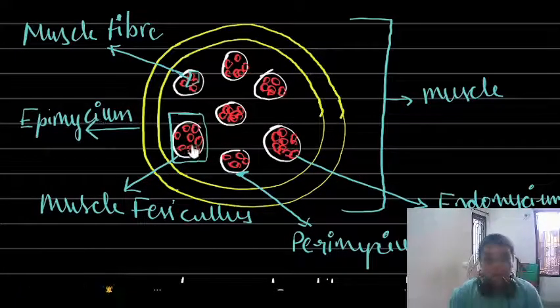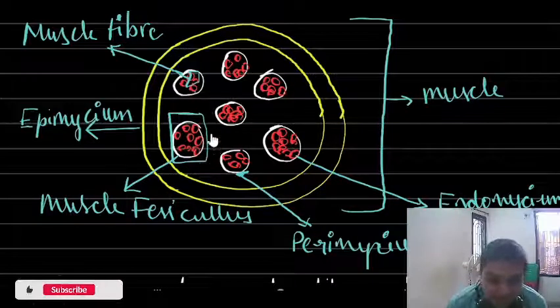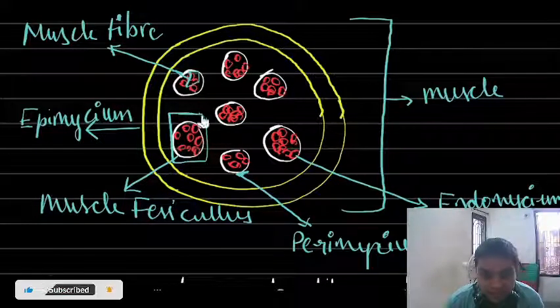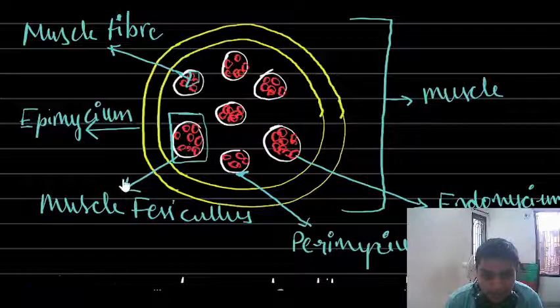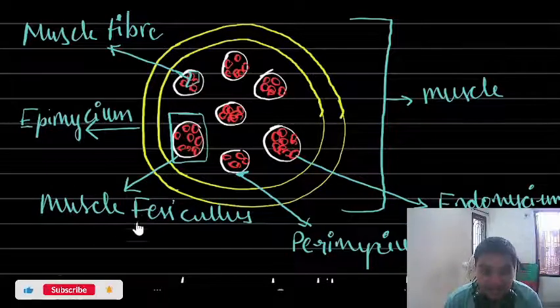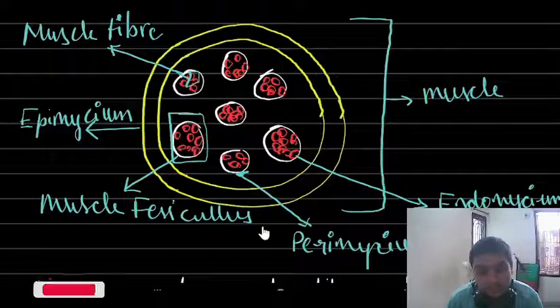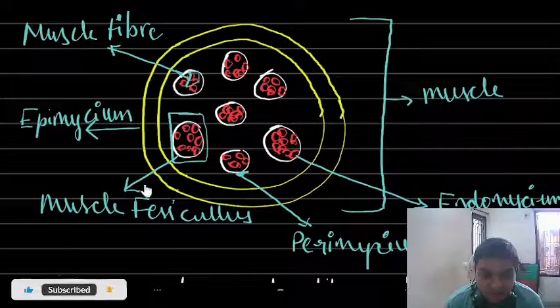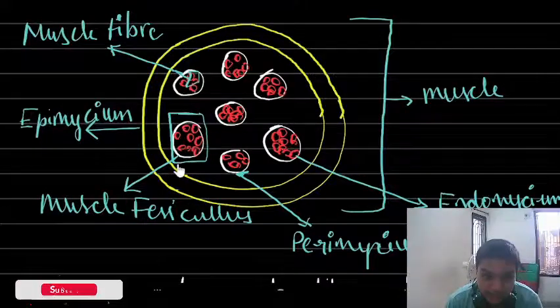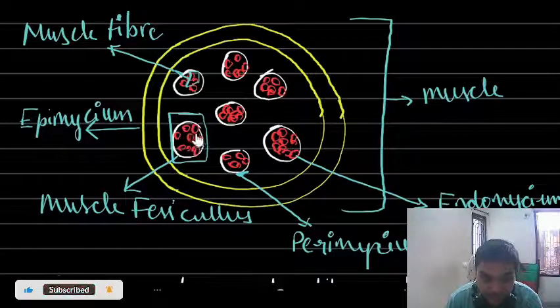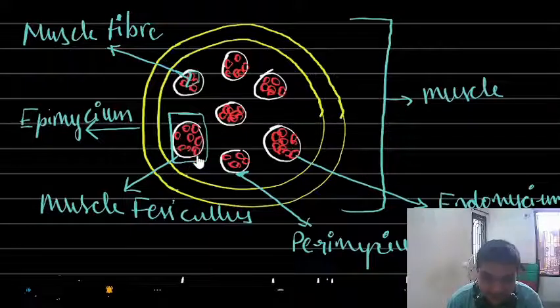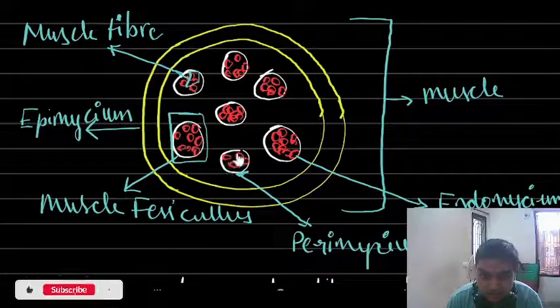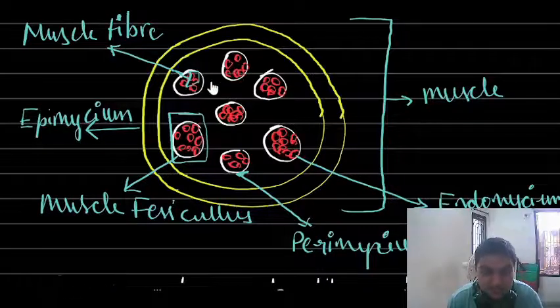And a group of muscle fibers is called a muscle fasciculus, and fasciculi is the plural word for it. As you can see here, this is one muscle fasciculus, this is another one, and another.